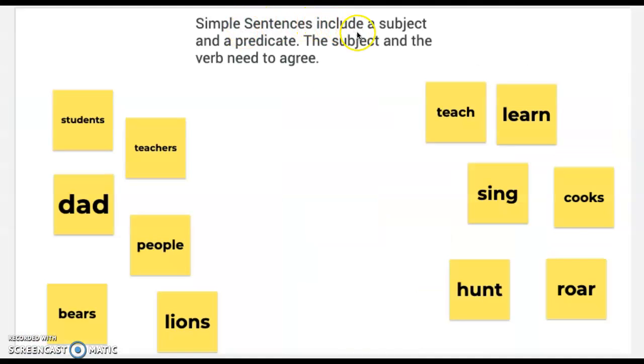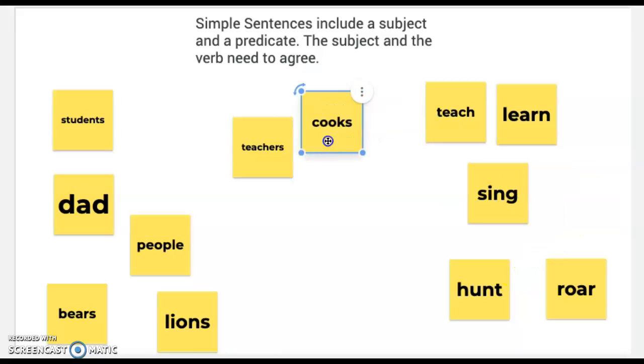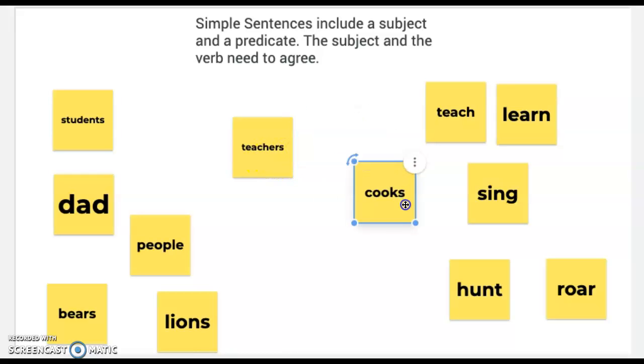Okay, so then when we put them together, we can make a simple sentence. Simple sentences include a subject and a predicate, and they have to agree, right? So we talked about how we can't have teachers cooks. Well, teachers do cook, but teachers cooks, they both have an S. That's not going to work.